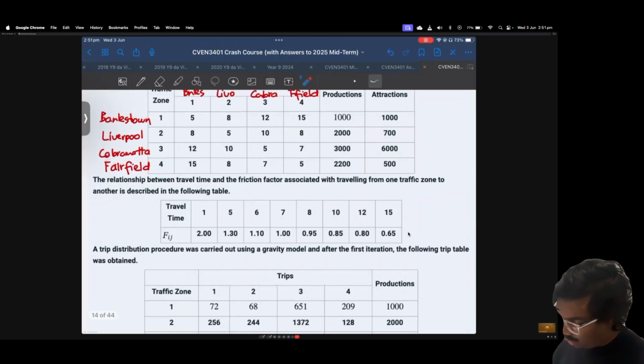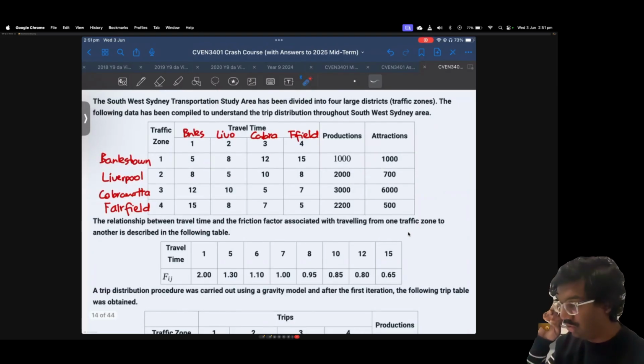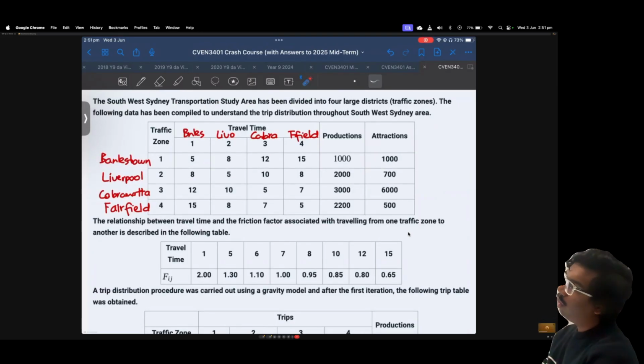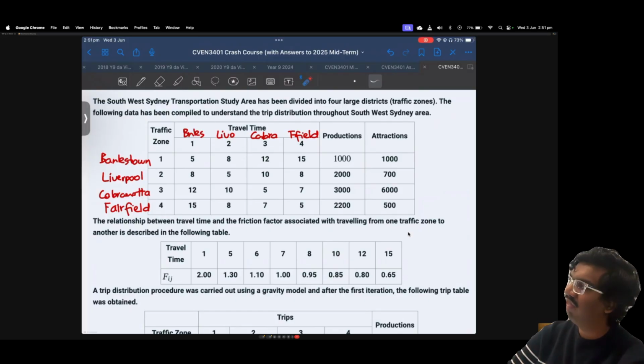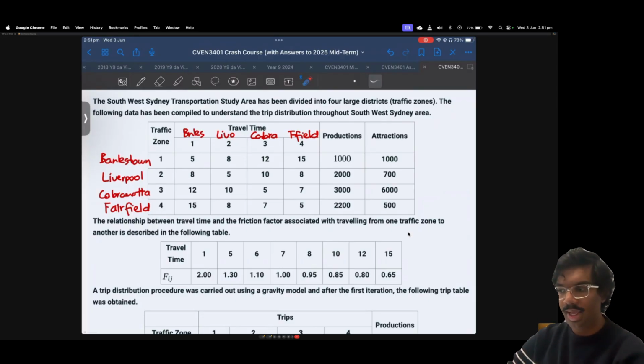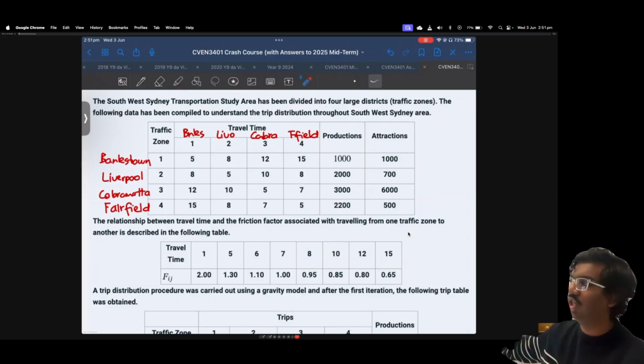Okay. Then we have the travel time and the friction factor. So the way to think about a friction factor, it'll make sense in a bit, is that we have these equations that we're going to substitute all of these values into. The friction factor is something that will be inputted into the equation as a calibration thing.